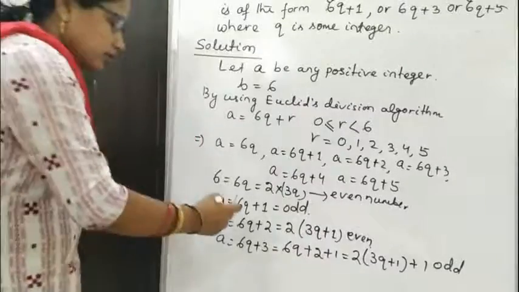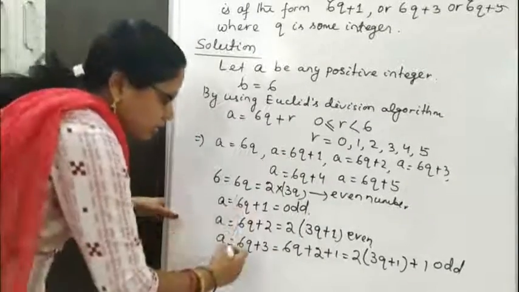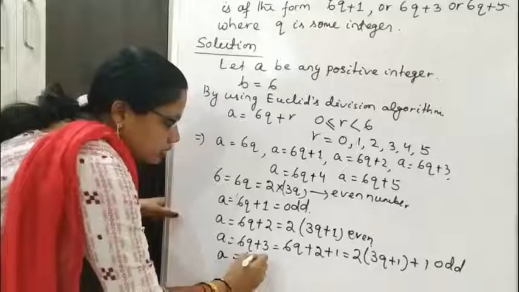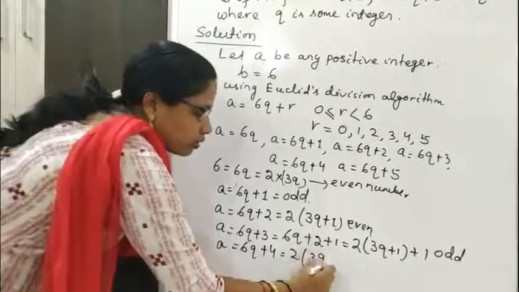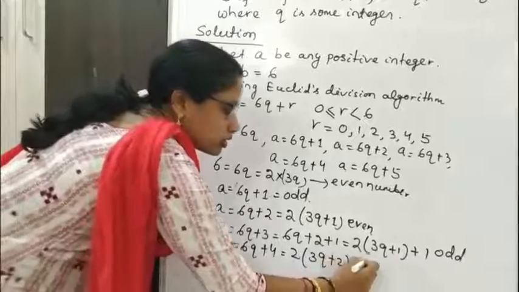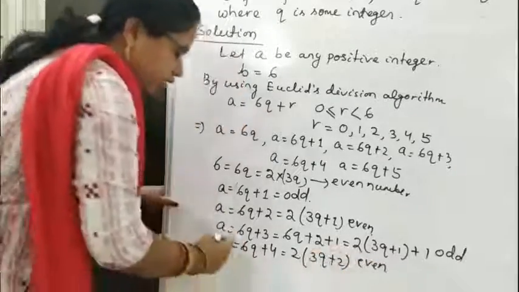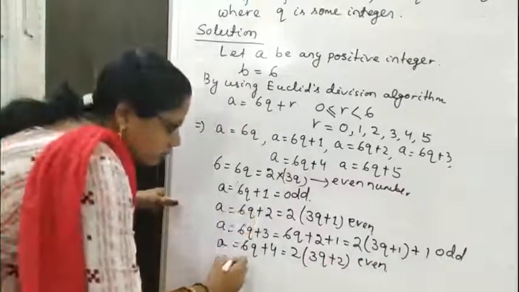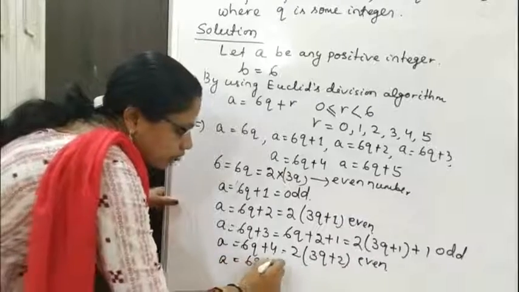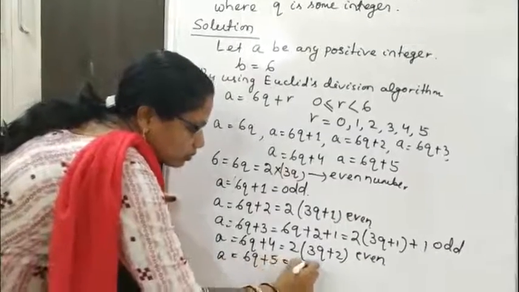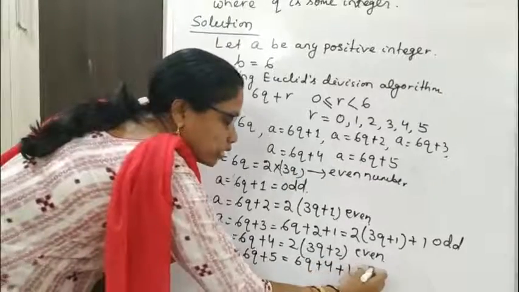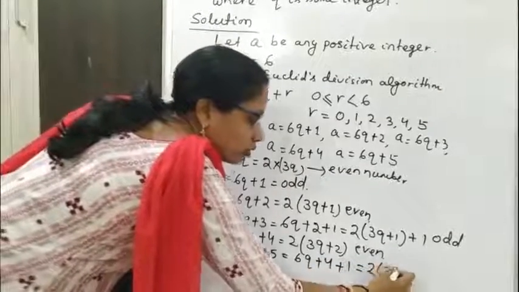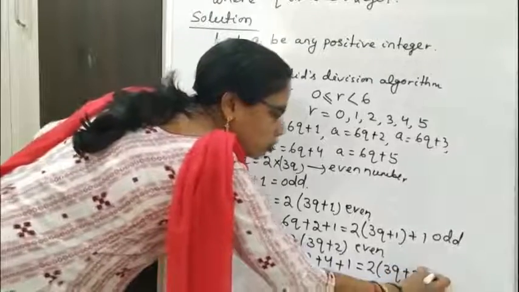Next one, a is equal to 6q plus 4, that is 2 into (3q plus 2), so this is even. Then the next one, a is equal to 6q plus 5, that is 6q plus 4 plus 1, that is 2 into (3q plus 2) plus 1.